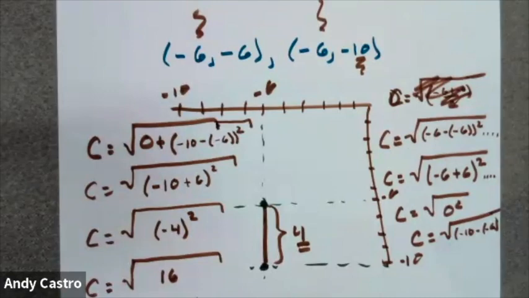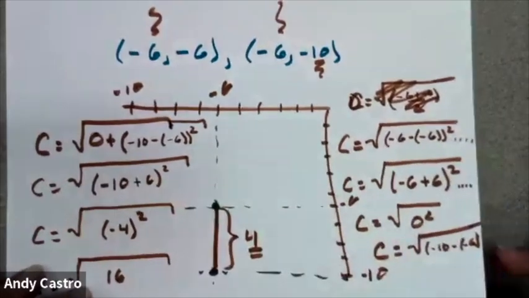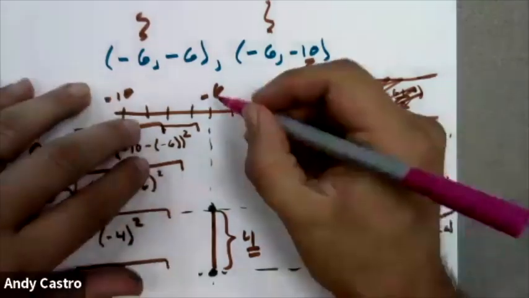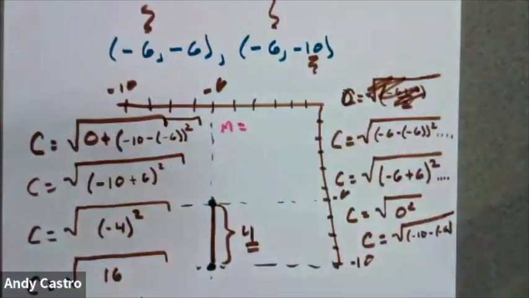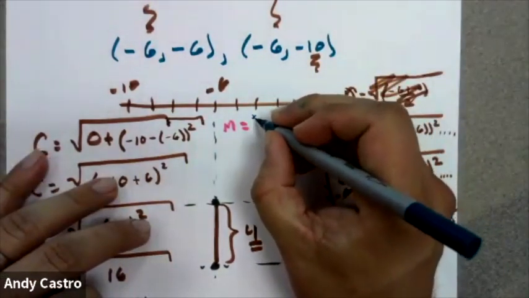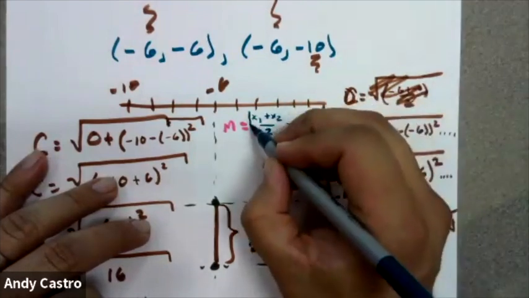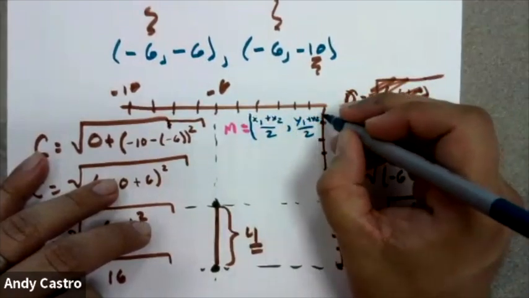So let's look now at the midpoint. Okay, so the midpoint's a little different. The midpoint is going to be, if we remember, let me do a different color here, x1 plus x2 divided by 2 for the x coordinate, and then y1 plus y2 divided by 2 for the y coordinate.